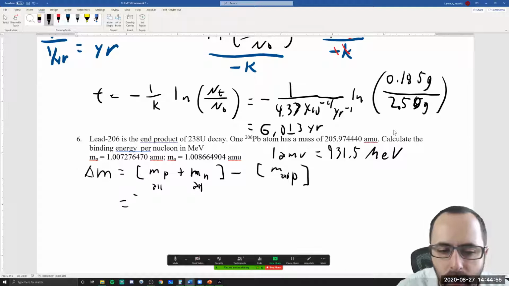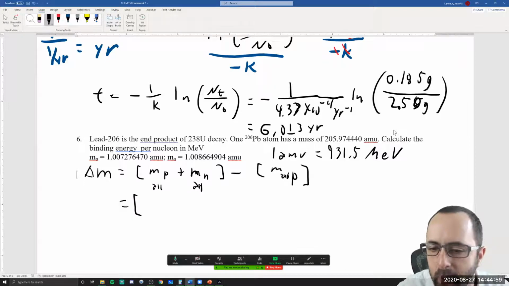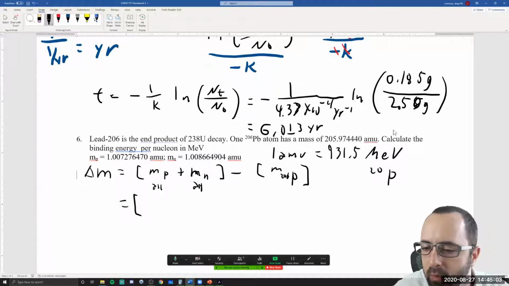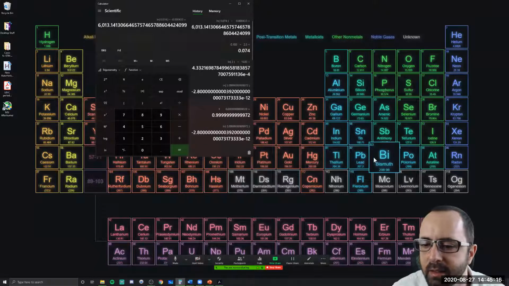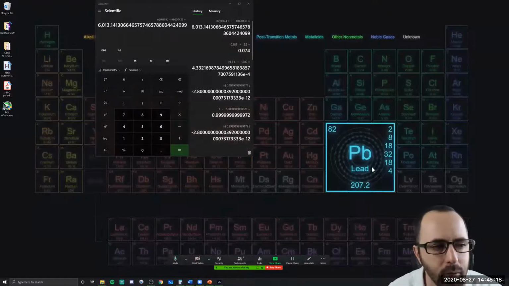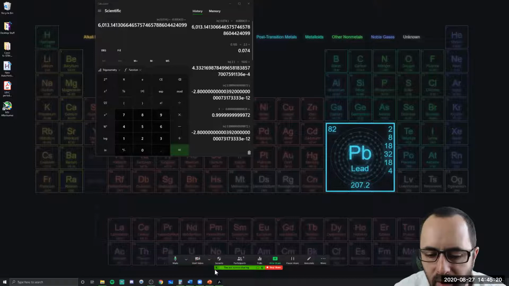We need to figure out how many protons and neutrons are in this. So we've got lead-206, Pb. We should look on our periodic table. Right here, element 82 is lead, so that's the atomic number.